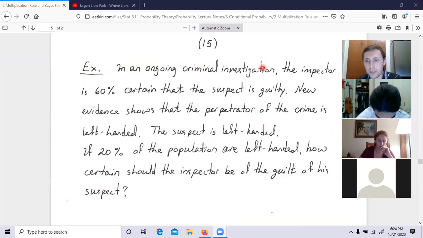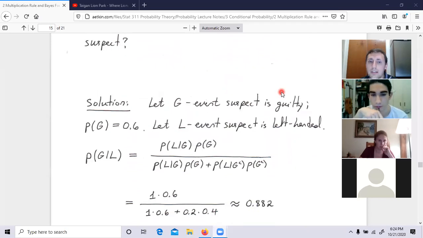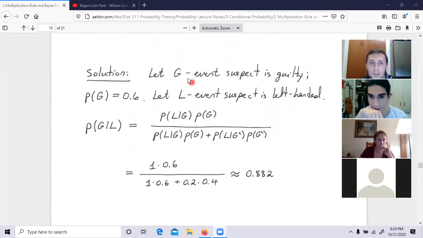Let's go through it, guys. Yes. So you see enough of those and you then will know it's 0.6 divided by 0.6 on the denominator plus 0.2 times 0.4, right? And then you just can simplify it. Okay, then now the reason is as follows. So let G be the event suspect is guilty and L event suspect is left-handed.